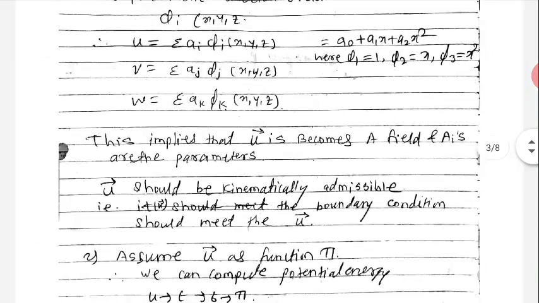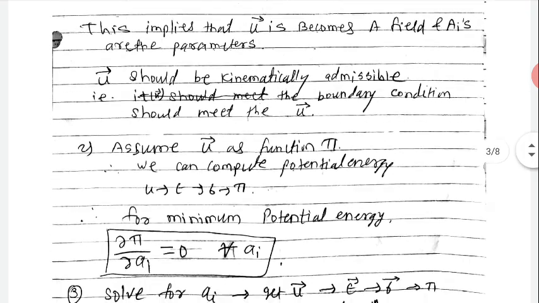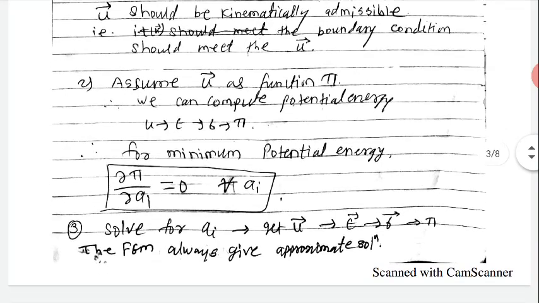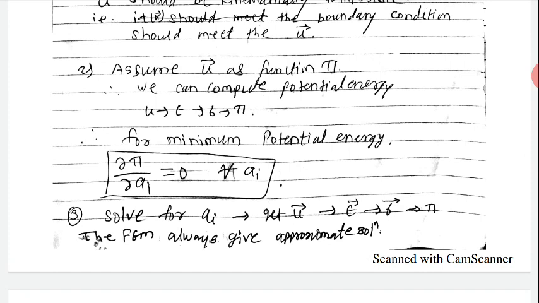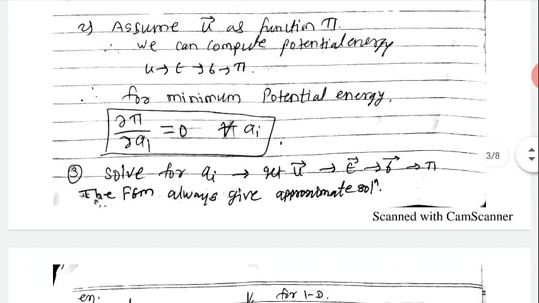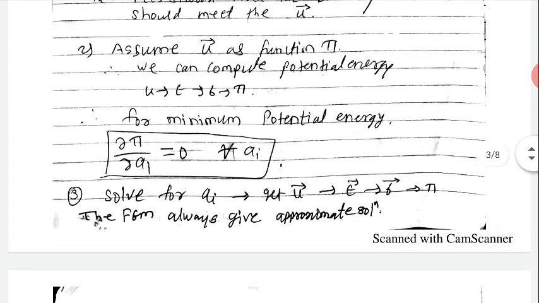This shows that u bar becomes a field and ai is the parameter. So u bar should be kinematically admissible and satisfy the boundary conditions. We are assuming u bar as a function of pi, that is, the potential energy.